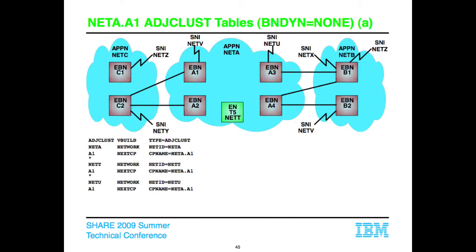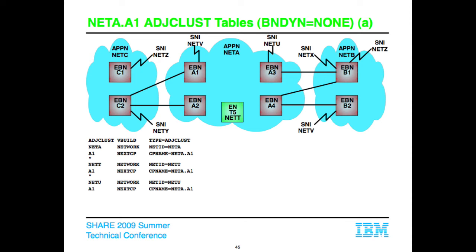I'm looking right now at net-a.a1, and we're coding adjacent cluster tables. We're going to code them with border node dynamics equals none. We're going to code them for every net ID that you see on this chart. All right, so let's start by saying, what would you want to put in A1's adjacent cluster table if you were looking for a net A resource? If I'm looking for a net A resource, it could be anywhere on any of these nodes.